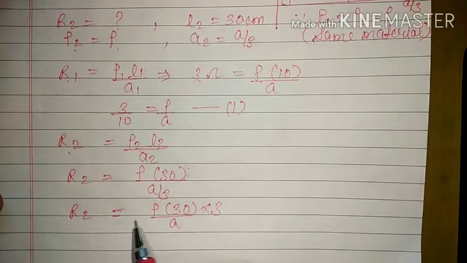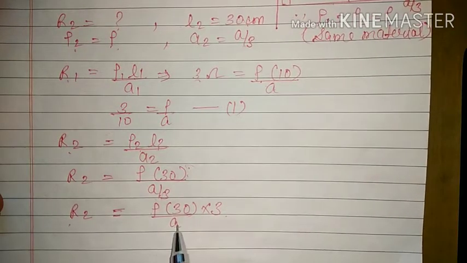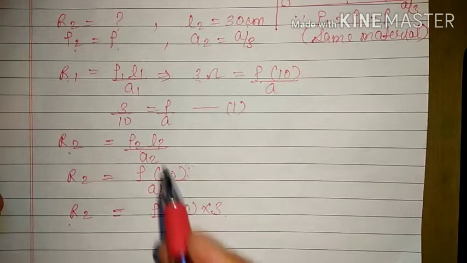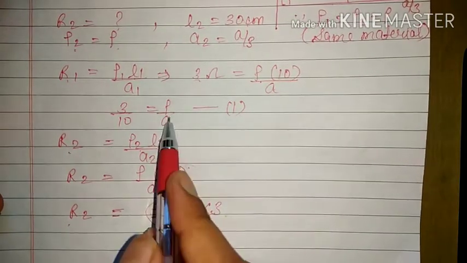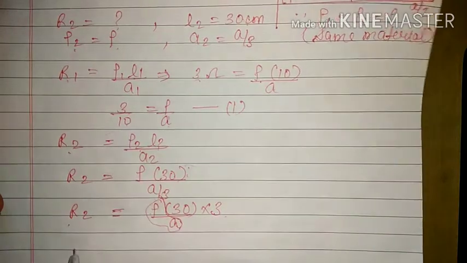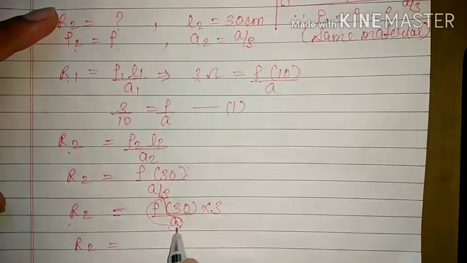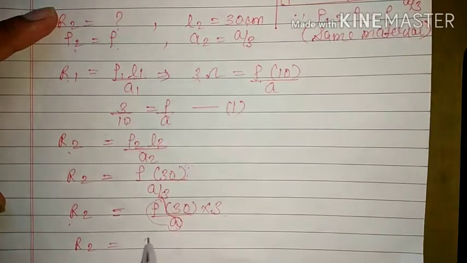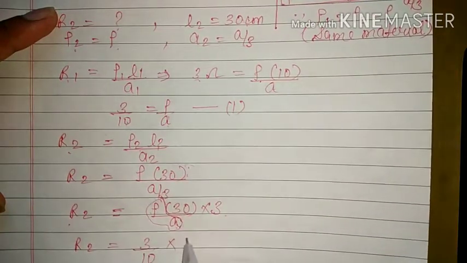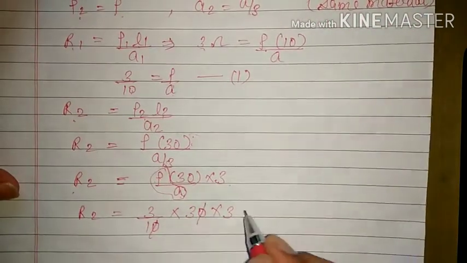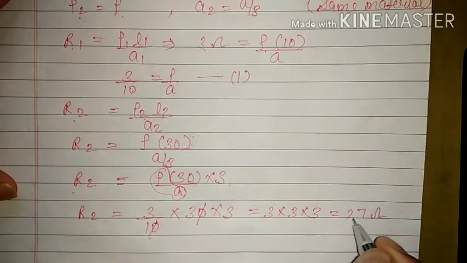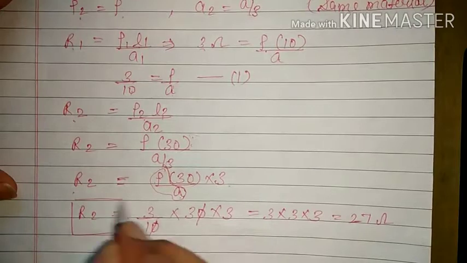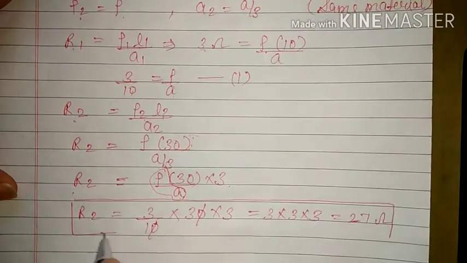R2 is equal to rho upon A, 30 into 3. Now see, from equation number 1, instead of rho upon A, can we write 3 upon 10? Of course. Therefore, R2 is equal to 3 upon 10 into 30 into 3. So now we are having 3 into 3 into 3, that is equal to 27 ohm. Therefore, the new resistance will be equal to 27 ohm.